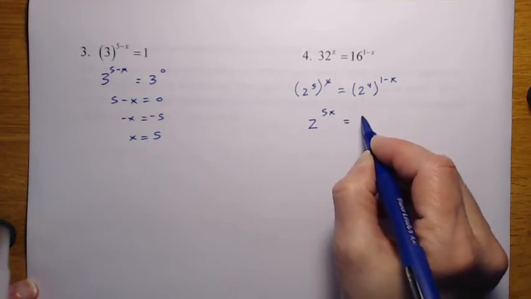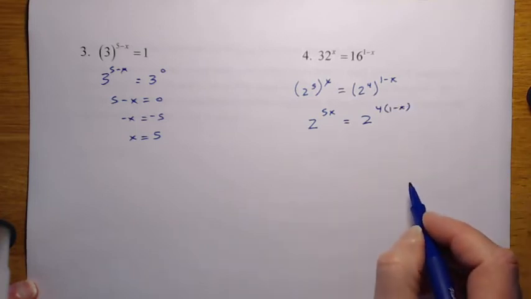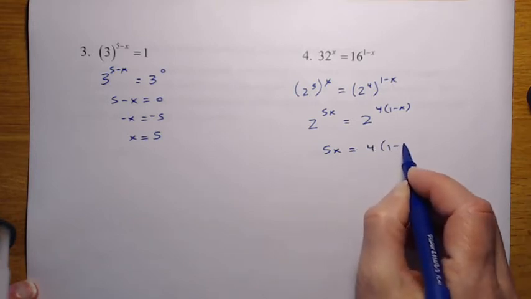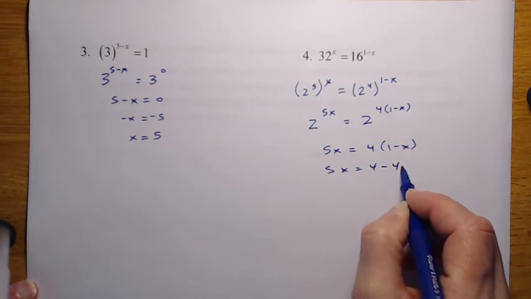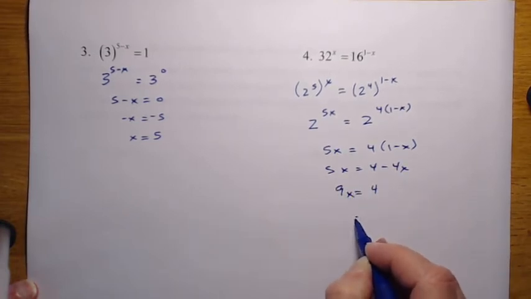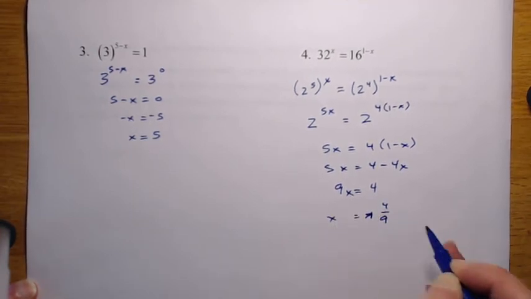So that's 2 to the 5x. And then here, I'll just call it 4 times 1 minus x. Common base 2, so the exponents have to be equal to each other. Again, a nice linear equation, so I distribute and solve for x. And x is 4/9.